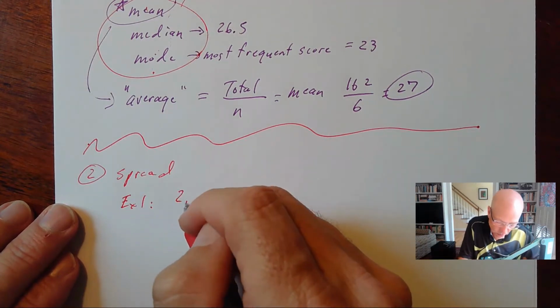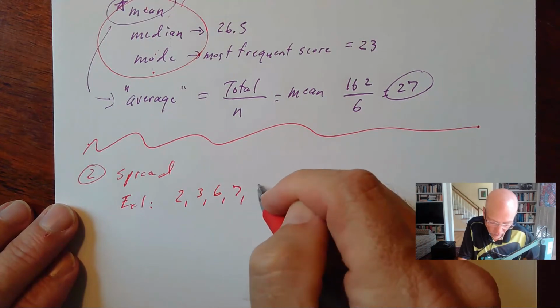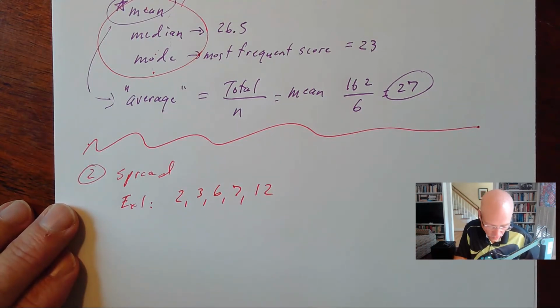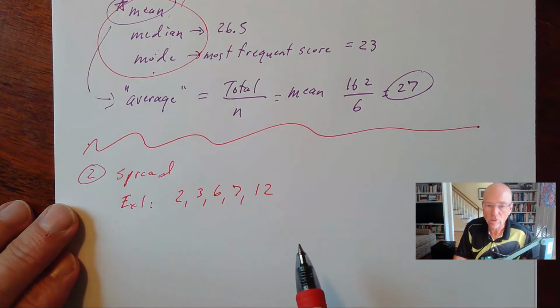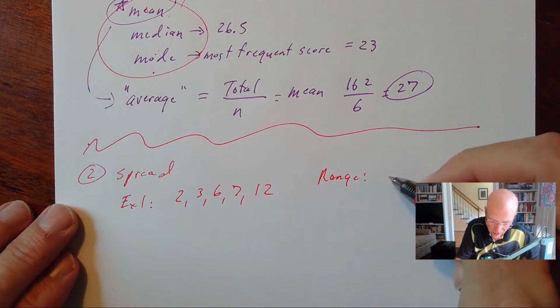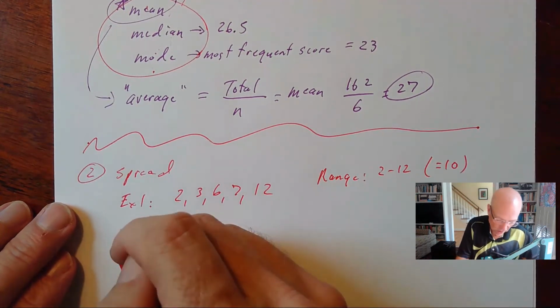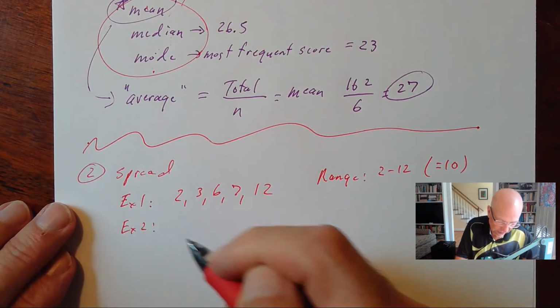These are very small data sets. Okay, it's just got 5 scores in it. If I'm trying to tell somebody how spread out the scores are, I would say the range is from 2 to 12, or the range is equal to 10. Okay, I have a second data set.